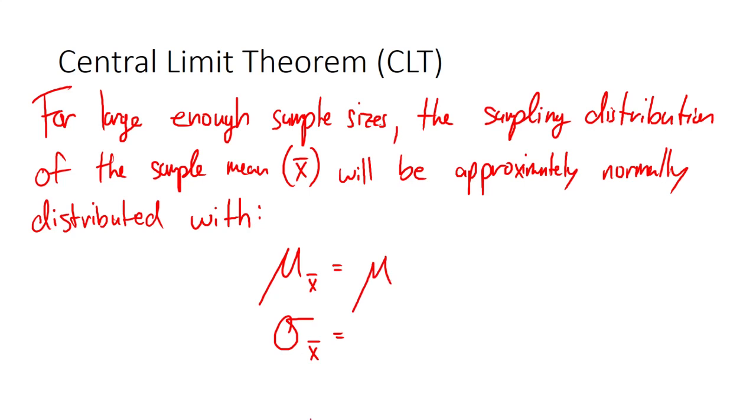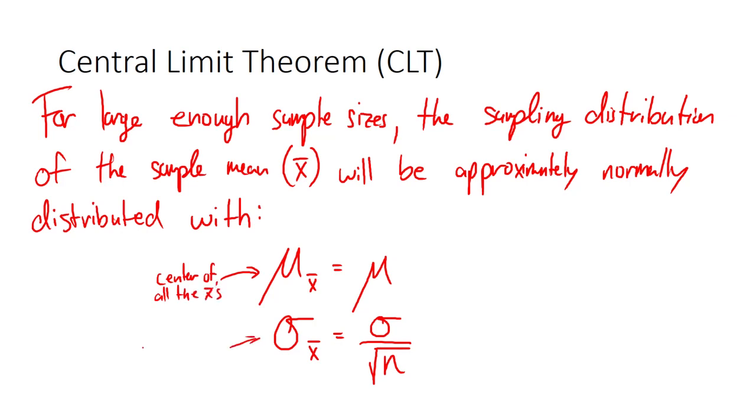And the standard deviation of those sample means will be equal to the population standard deviation, but it is scaled by a factor of the square root of the sample size. So this is the center of all the X bars we saw on the graph.